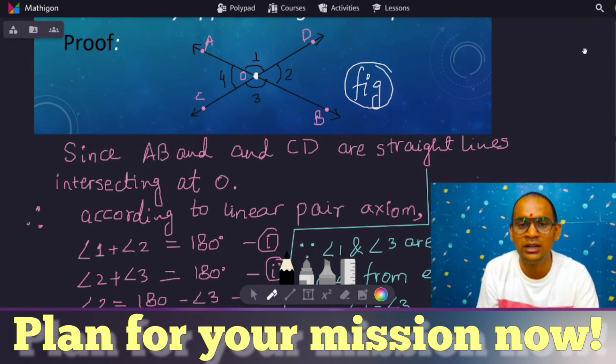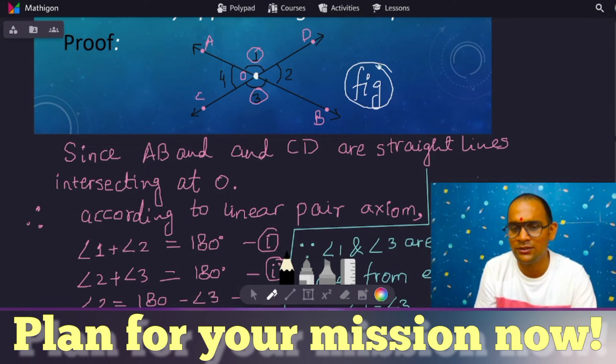Similarly, there are 4 different linear pairs in this particular diagram. Let's use 2 of them to prove the vertically opposite angles are equal. Now we'll try to prove that angle 1 equals angle 3, because we have already seen in the definition of vertically opposite angles that 1 and 3 are vertically opposite angles. 2 and 4, according to this figure, are also vertically opposite angles.